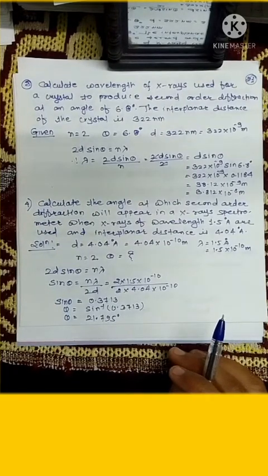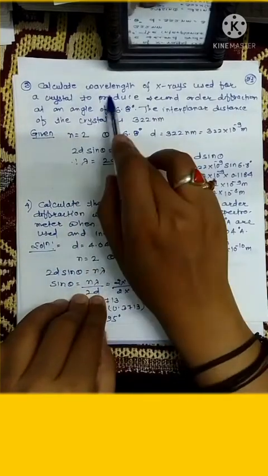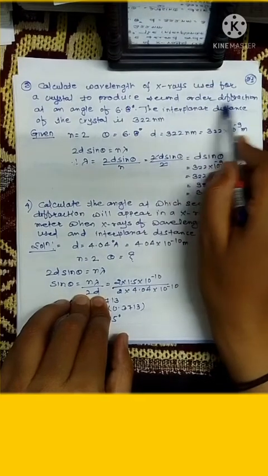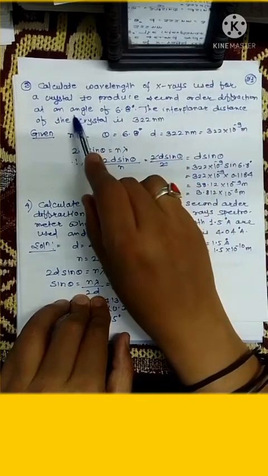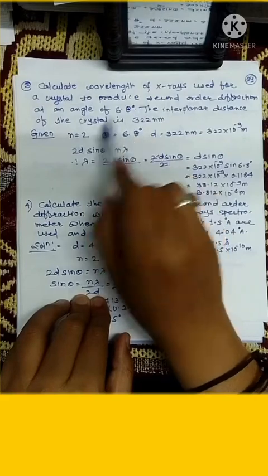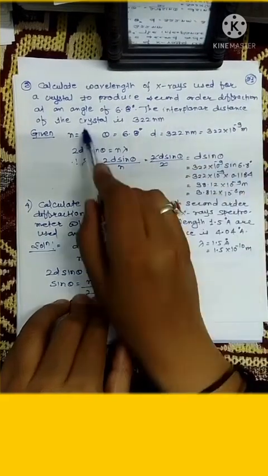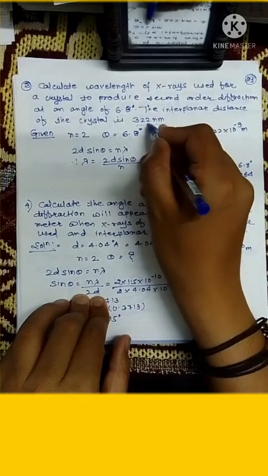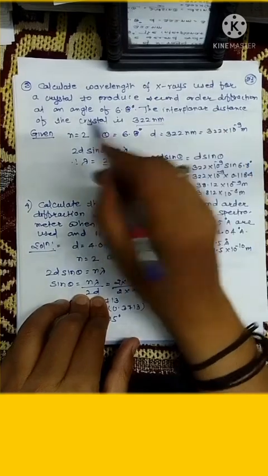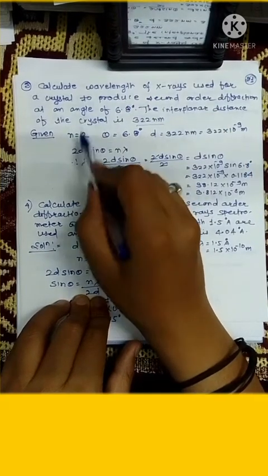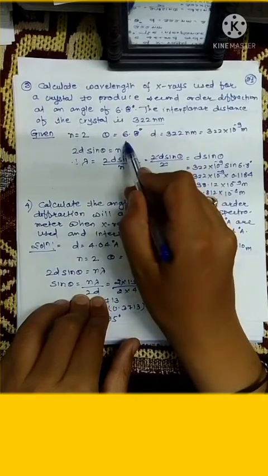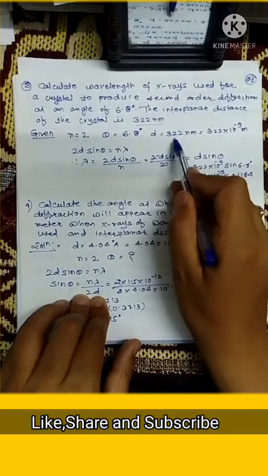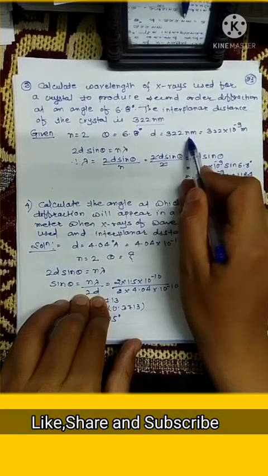Now we are going to see the third numerical. Calculate the wavelength of X-ray used for a crystal to produce second order diffraction at an angle of 6.8 degree. The interplanar distance of the crystal is 322 nanometer. So n is given, second order reflection, so n is 2, theta is 6.8 degree. Interplanar distance d is given, that is 322 nanometer.